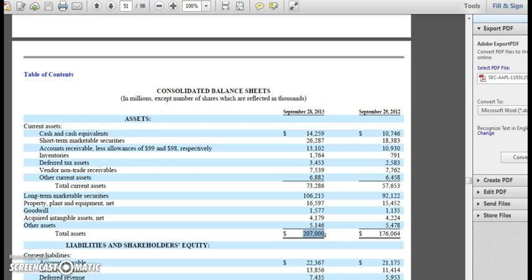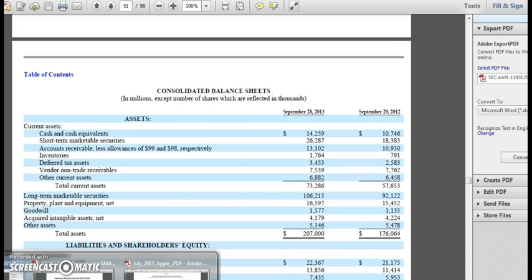So it's definitely more than 50%, more than 60% of Apple's assets is cash. They don't have a lot of inventory. Even their receivables are pretty low. As I say, 67% of Apple's assets is cash.